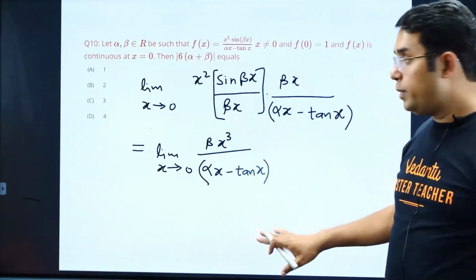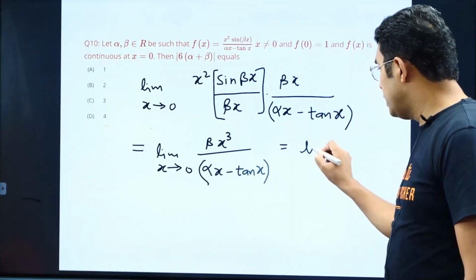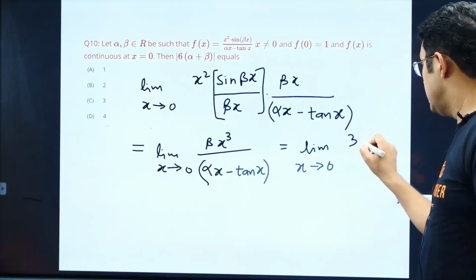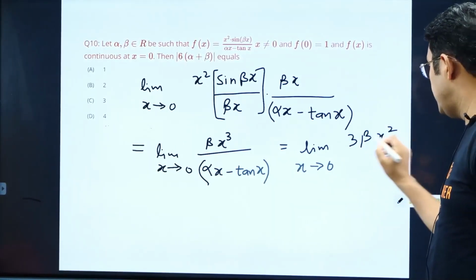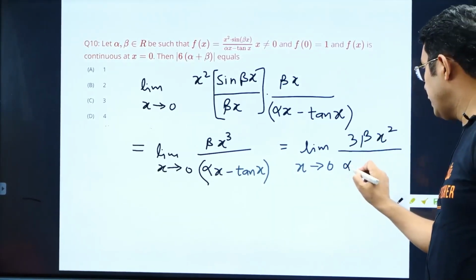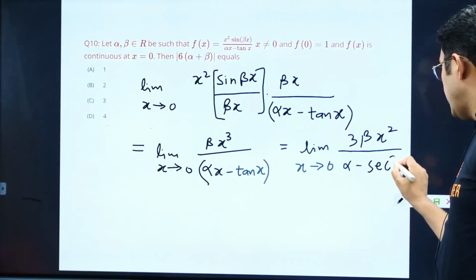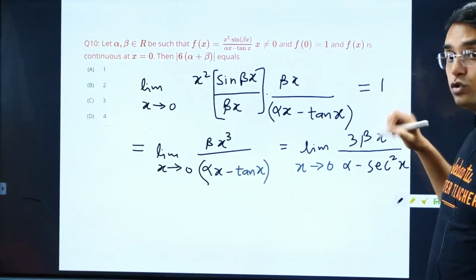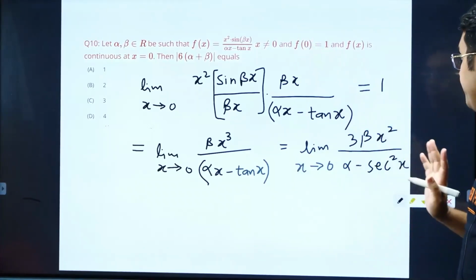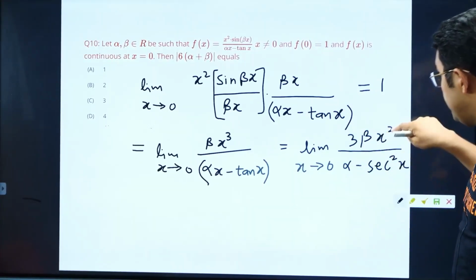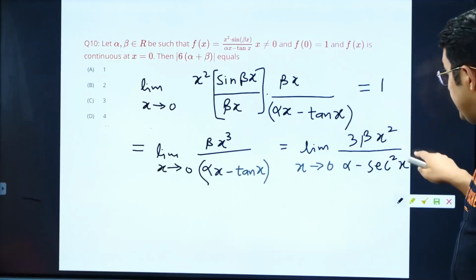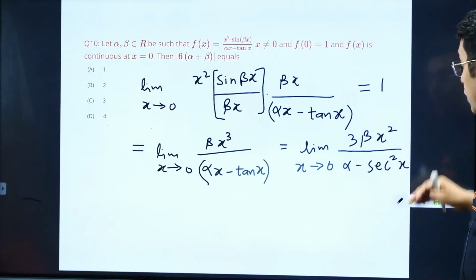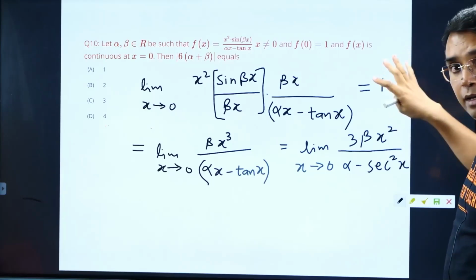I think already it is 0 by 0 form. So if I use L'Hospital rule, then it will become 3 times beta x square in the numerator upon alpha minus secant square x in the denominator, because we want this limit to be equal to 1 so that the function becomes continuous. If it is 0 in the numerator, it should have 0 form in the denominator also, then only you can expect to have limit 1.